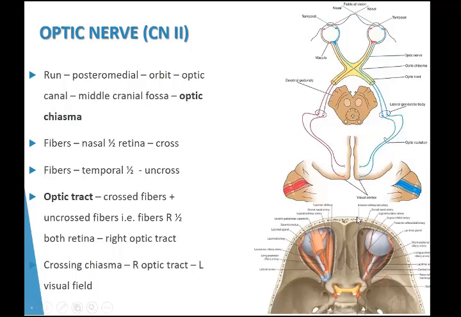Okay. This optic chiasma, you can see, is lying on top of the pituitary fossa, and pituitary fossa lodges the pituitary gland. So the optic chiasma is lying on top of the pituitary gland. So any tumor of the pituitary gland will obviously affect the optic chiasma.